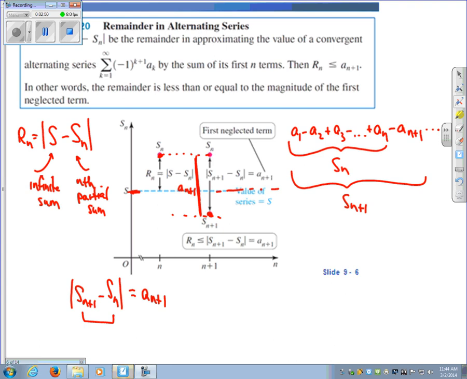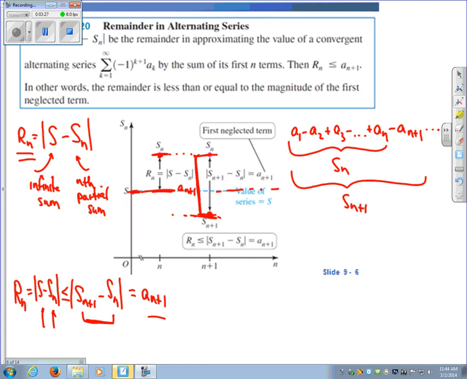And so this remainder is going to always be, okay, it is just S minus S sub n, but I know that's less than or equal. The difference between the sum and the nth partial sum is actually smaller than the difference between the n plus first and the nth term, which would be from here to here.